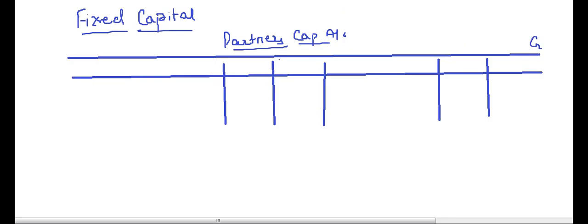Let's see. We have the credit side. We have the debit side. Particulars A, B. Now, what is their opening capital?